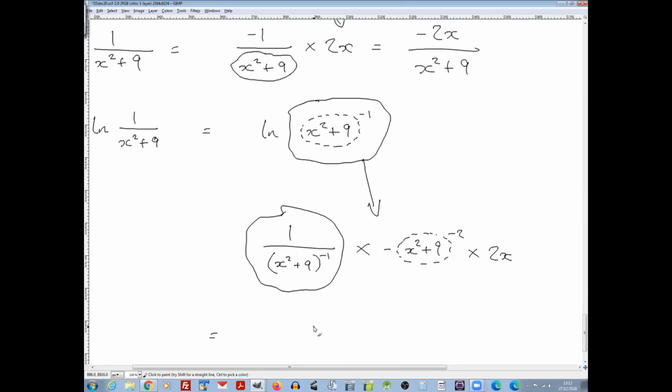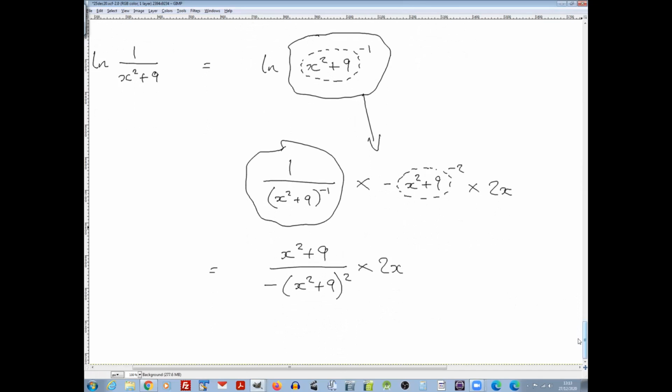Exactly. So rather than putting this over that with the minus 1 there, it might be simpler to say power of minus 2 means 1 over the square, doesn't it? Yep. So really what we've got is x squared plus 9 over minus x squared plus 9, all squared, times 2x.